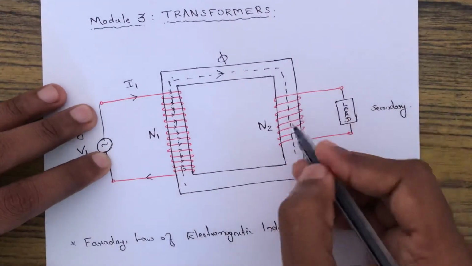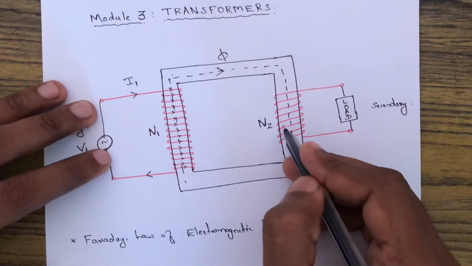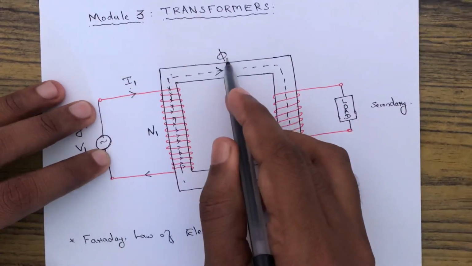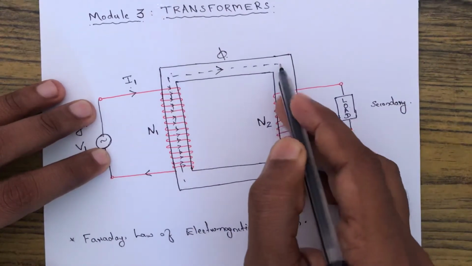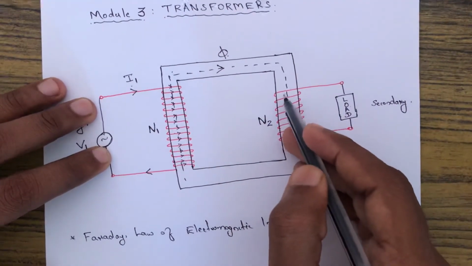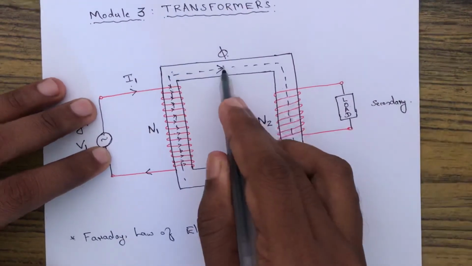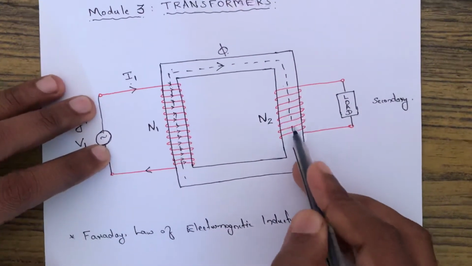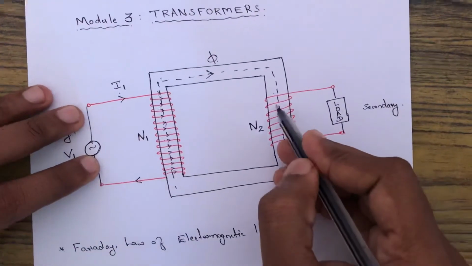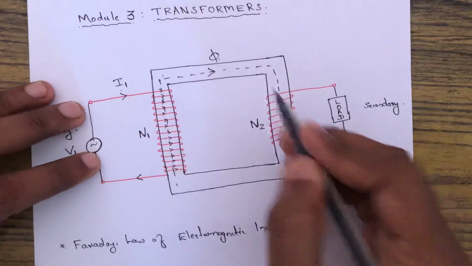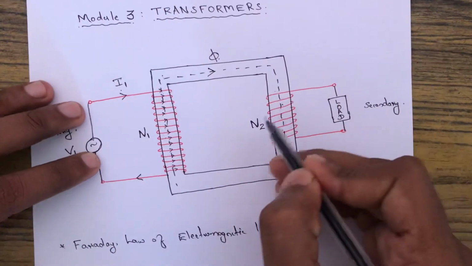Now let us see the condition. The flux produced by this alternating current will be an alternating flux, and it will be linking with the secondary winding. According to Faraday's law of electromagnetic induction, there is a relative change between the flux and the conductor.